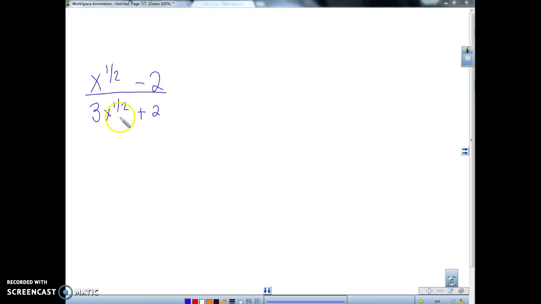What's wrong with this problem is that this x to the 1/2 is a square root of x, so you can't have a radical on the denominator. So you are going to have to multiply the top and bottom by the conjugate of the denominator. So 3x to the 1/2 minus 2, and if we do it to the denominator, we have to do it to the numerator.